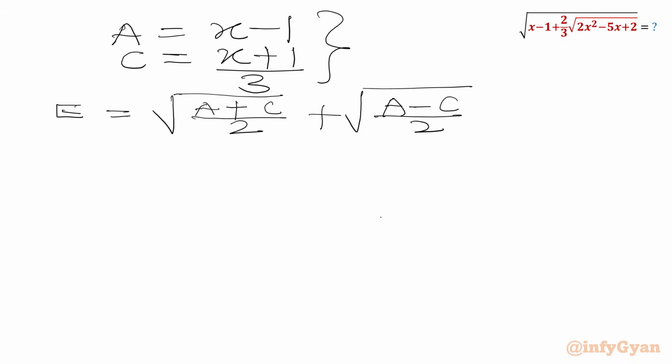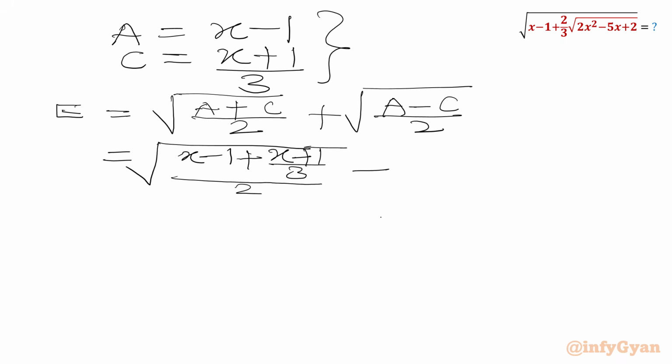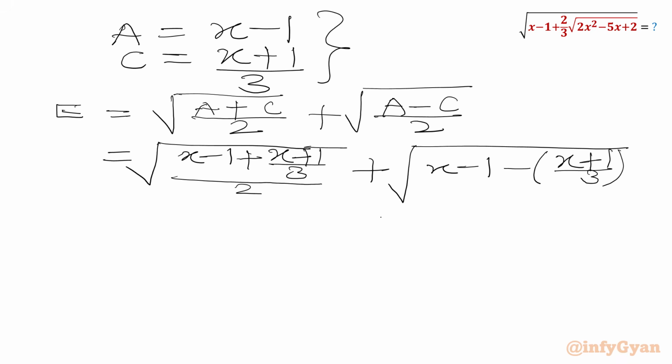Let's put both the values. We will get square root a is x minus 1, c is x plus 1 over 3, divided by 2, plus square root of a is x minus 1. Then we have minus sign. Then we'll write c, which is x plus 1 over 3 over 2.